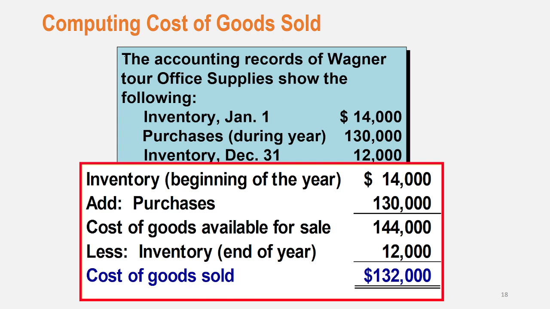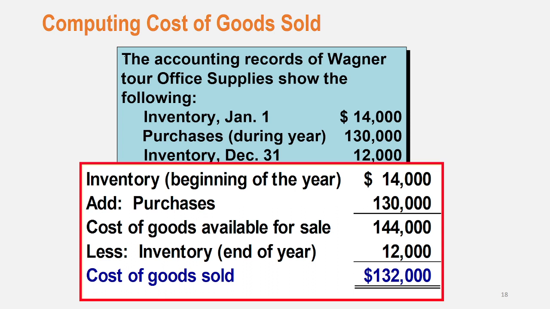One of the important characteristics of the periodic inventory system is the cost of goods sold calculation. In fact, as we discussed together in previous slides, the cost of goods sold in the periodic inventory system is calculated periodically by subtracting the ending inventory from the sum of beginning inventory and purchases during the period.